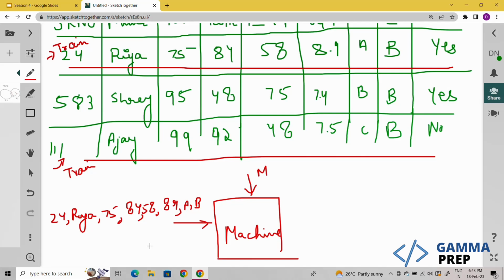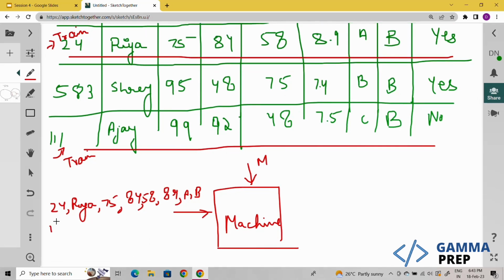We are only taking the independent attributes, and the second one is 111, Ajay, 99, 92, 48, 7.5, C, B, right? So this is basically the X train, right?